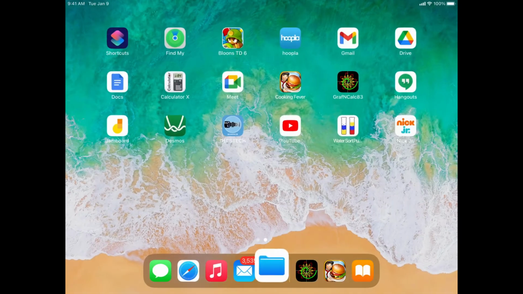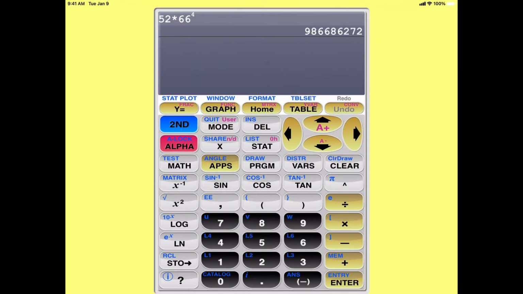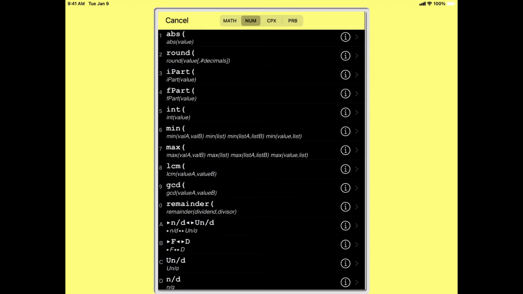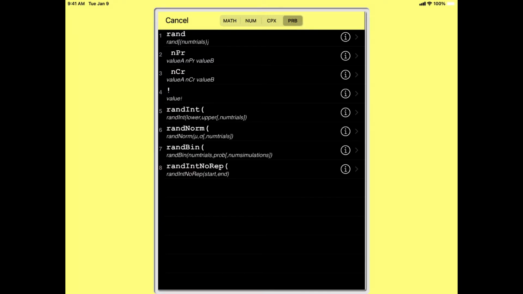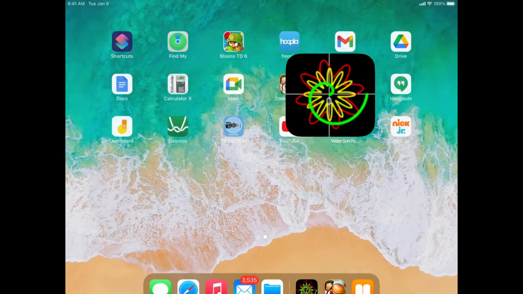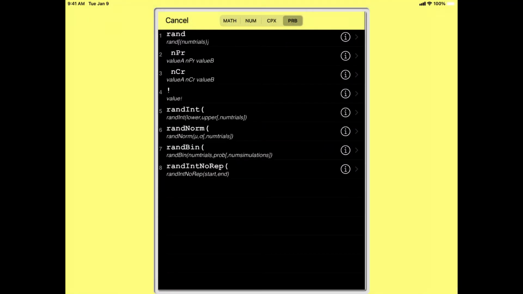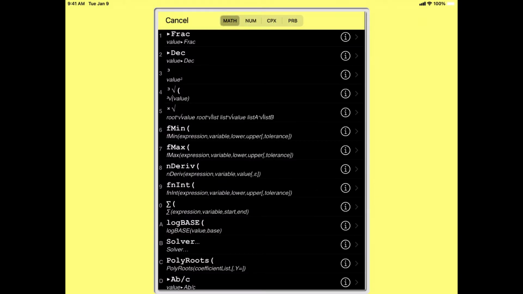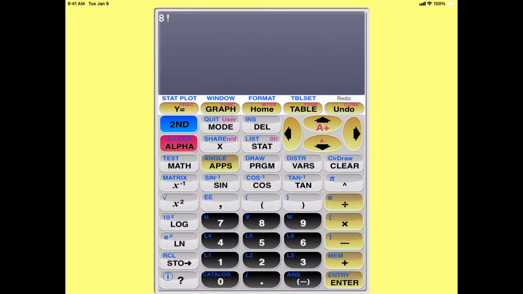Okay, so let's show you on the calculator. On the left side you're going to press math. Then you're going to go to, this one's a little bit different, number, complex, no. Probability, PRB. And then there you see the value. So I forgot to put the number 8 first. So let's try 8 first. 8, math, probability, factorial.